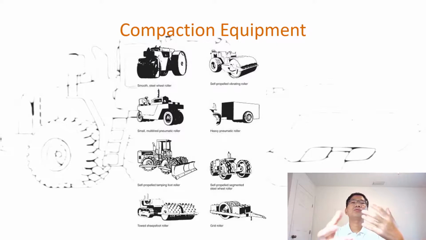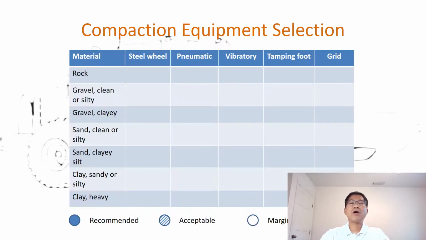Those are the four ways that you can apply energy for compaction. And different equipment, as you can see, is for different types of material and cannot be universally applied for all materials.